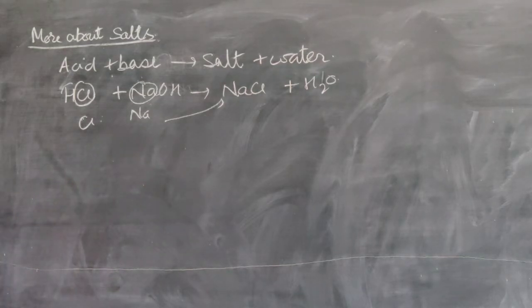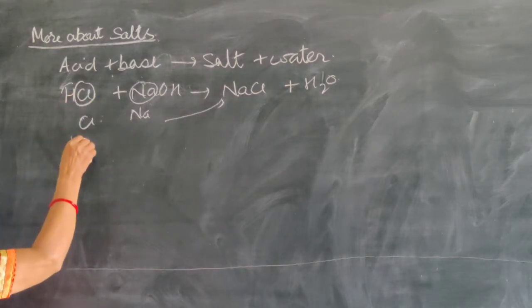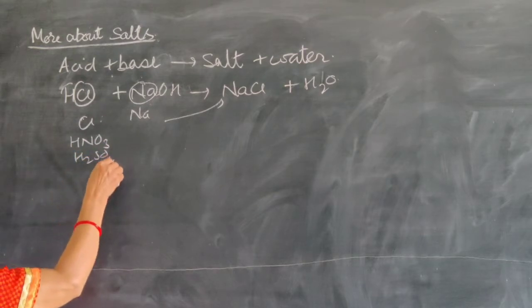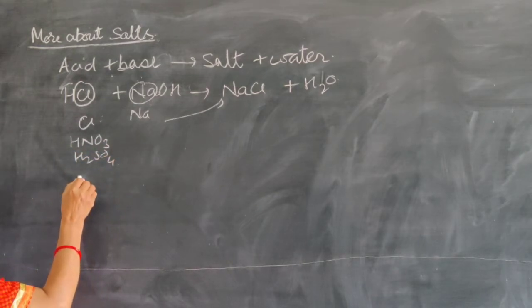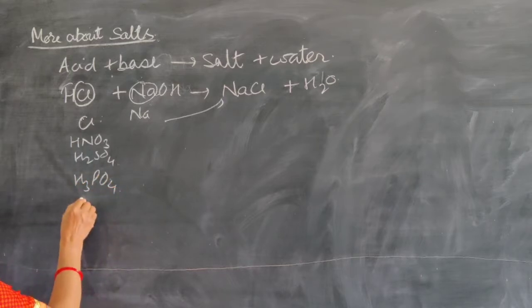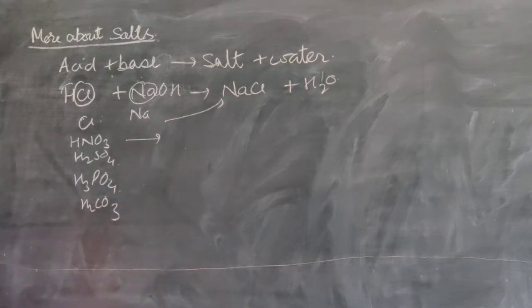So in this way we can say there are many acids, maybe HCl, it may be HNO3, it may be sulfuric acid, H2SO4, it may be H3PO4, different acids are there, then carbonic acid, H2CO3. Then their corresponding salts will form.